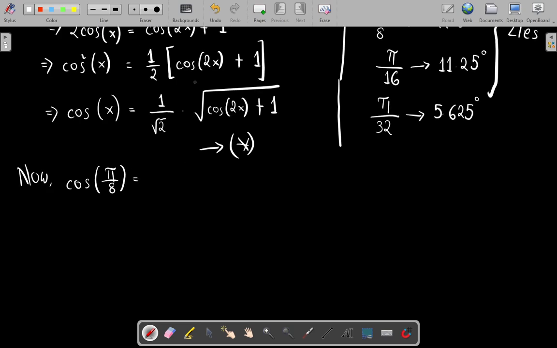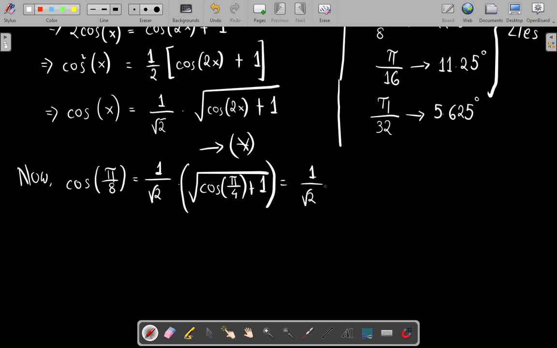Cos pi by 8 is 1 upon root 2 times square root of cos twice x plus 1, where twice of pi by 8 is pi by 4. So this becomes cos pi by 4 plus 1, and now this becomes 1 upon root 2 times square root of, cos pi by 4 is 1 upon root 2 again, plus 1.